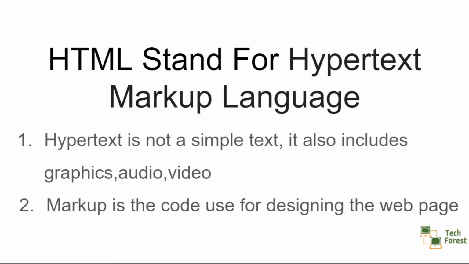Now, what is markup? Markup is the code to develop or design a web page by using hypertext. Thus, by using graphics, images, audio, video in the code, we can develop and design the web page, which is known as HTML.